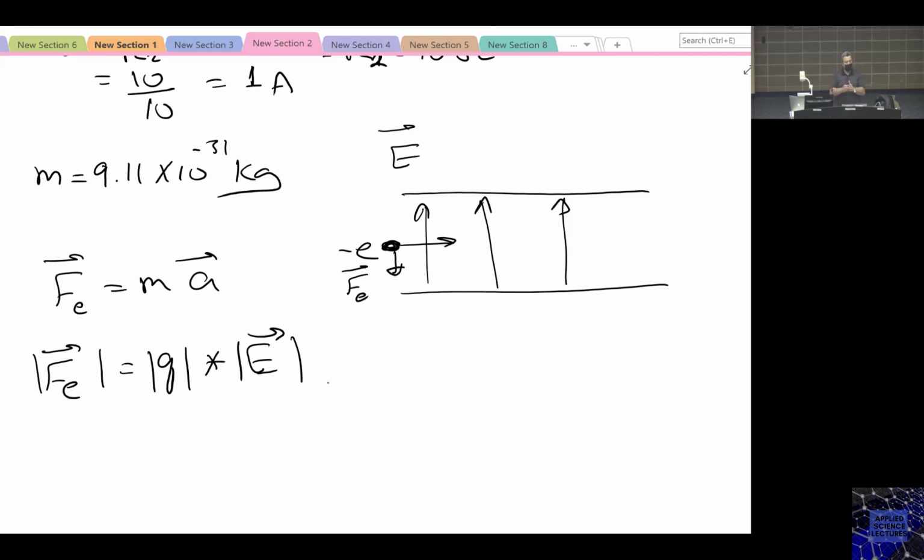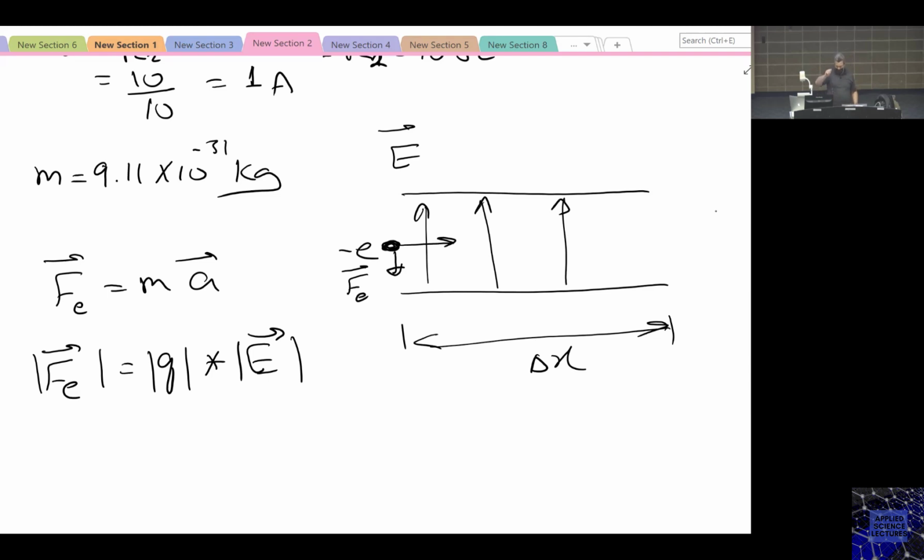For example, if you know the length of this plate, which is delta x, and you know the initial velocity, which is along the x, and that's going to stay constant because there's no acceleration along the x, right? So you can still use kinematics to calculate, for example, the time. If you know the initial velocity and the delta x, you can get the time.